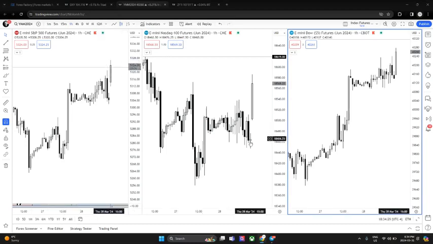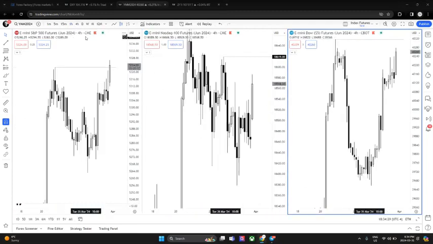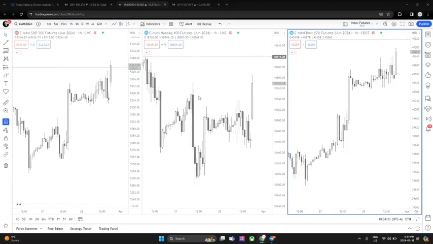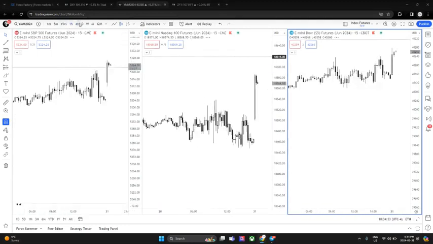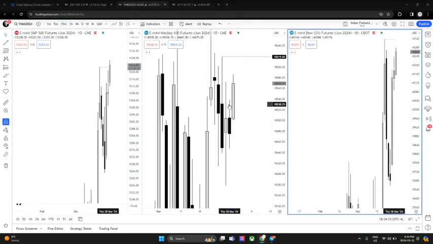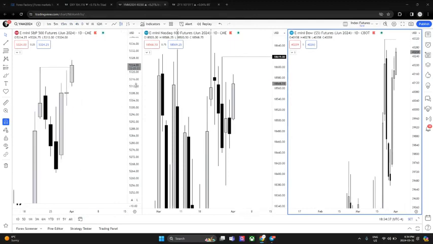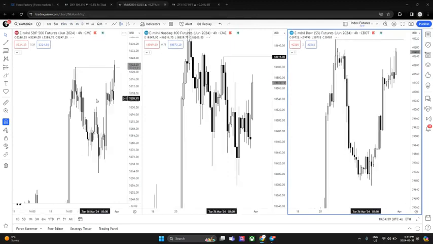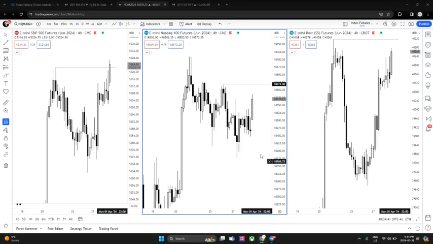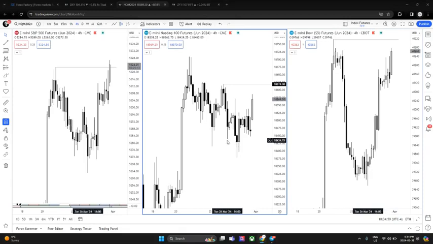But it must be a 1 hour close, right? Because sometimes this wouldn't be evident on the daily time frame, and at times it won't be evident on the 4 hour time frame, such as here where price failed to close below here.